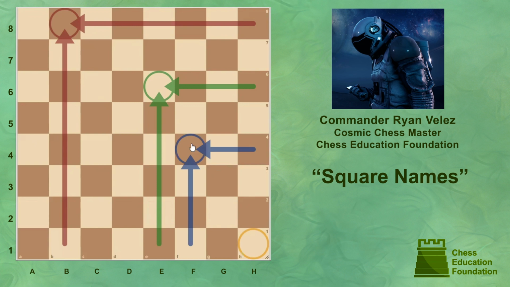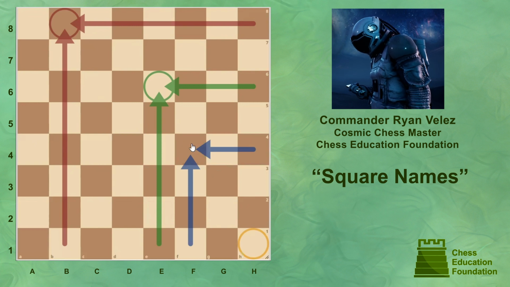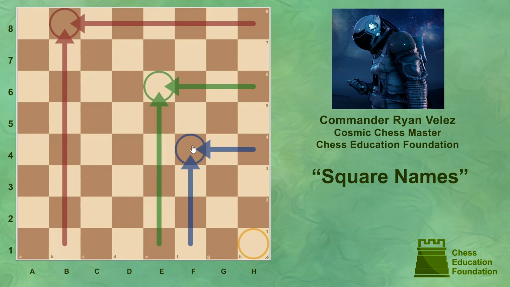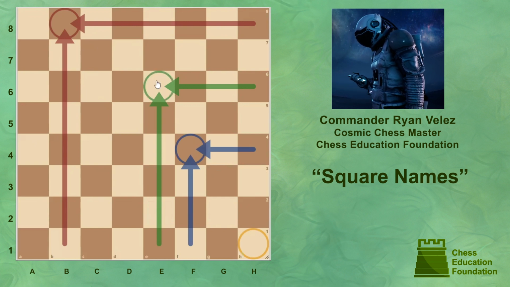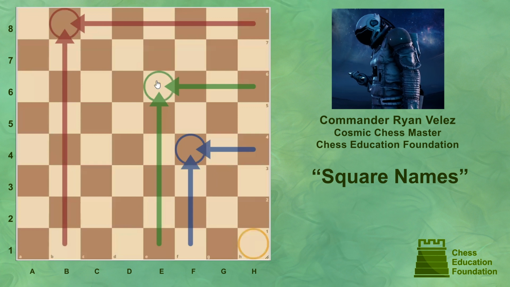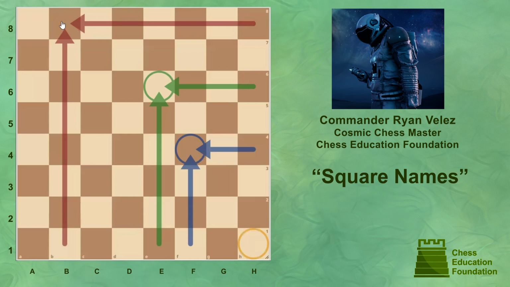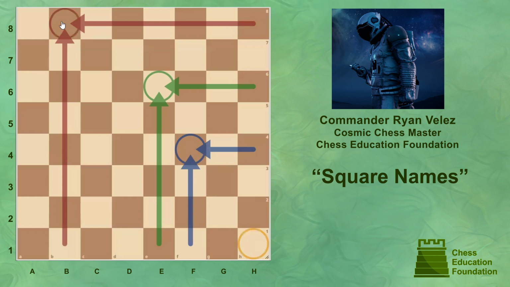And again, that's where the F file and the fourth rank meet. We can go all the way up to this square, which is E6, because it's where the E file and the sixth rank meet. And finally, we can go all the way over here to the B8 square, where the B file and the 8th rank meet.